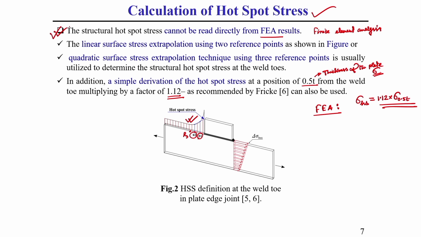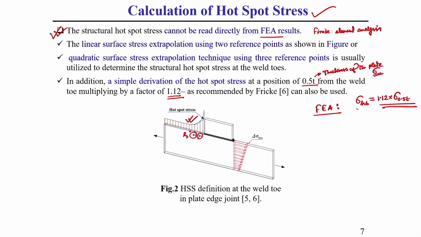That is why I have written in the first point itself, you can see, we cannot directly read the hot spot stress. For that we generally use 3 different standard methods, which are widely acceptable. One is called the linear extrapolation method, where 2 point stresses are required, and another is called the quadratic extrapolation method.